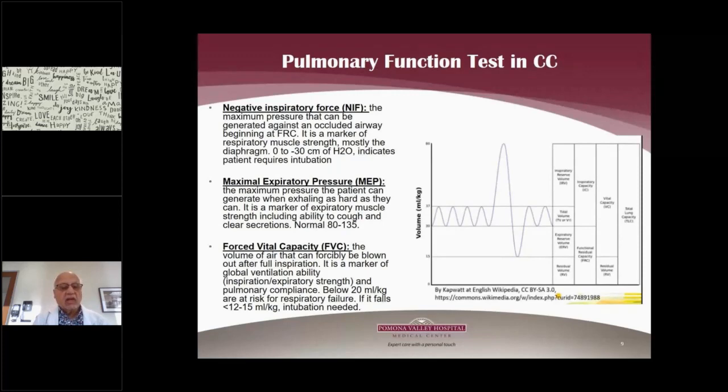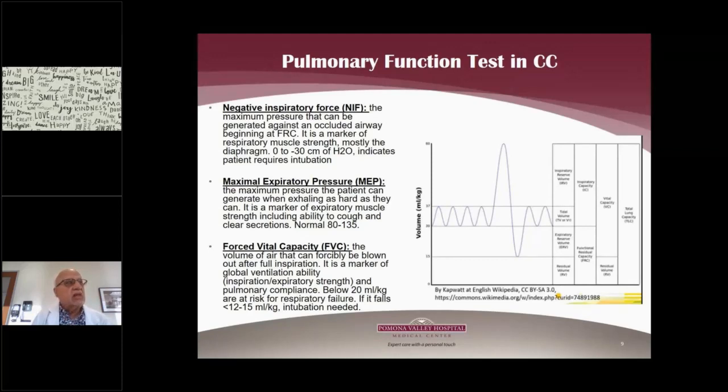If it is at 12 to 15 ml per kg of body weight, intubation is definitely required in these cases. The others are negative inspiratory force and the maximal expiratory pressure.